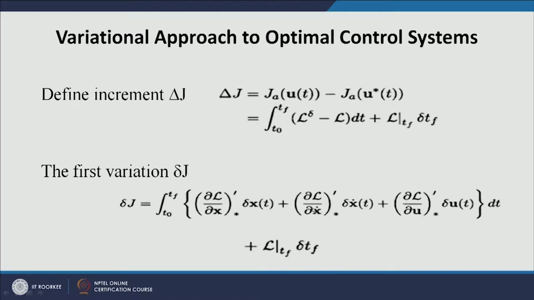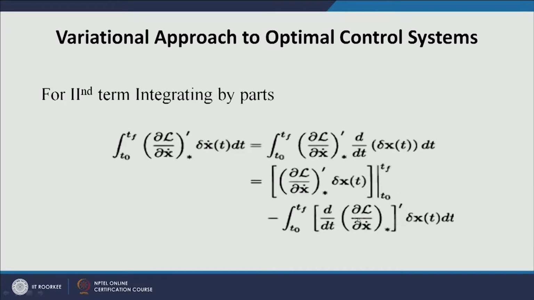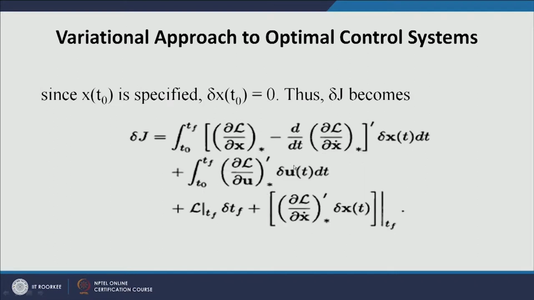The second term, which is del L by del x dot delta x dot, we expand by integration by parts, and we get the final equation as del L by del x minus d by dt of del L by del x dot, times delta x(t), plus del L by del u times delta u, plus whatever comes from the terminal condition. Here, of the two variables delta x and delta u, we treat u as independent and x as dependent. We select lambda such that the coefficient of delta x will be 0.